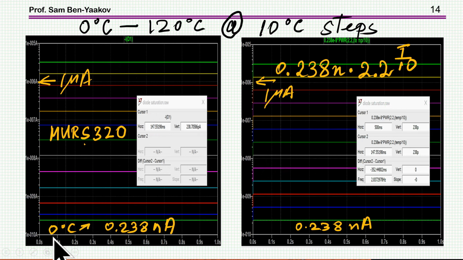The current at 0 degree centigrade is 0.23 nanoamp, and then it goes up, and the sweep is from 0 to 120 degrees, and the steps are 10 degrees. Well, approximately the differences are the same. Well, it's not exactly, but I think it's good enough for our approximation.